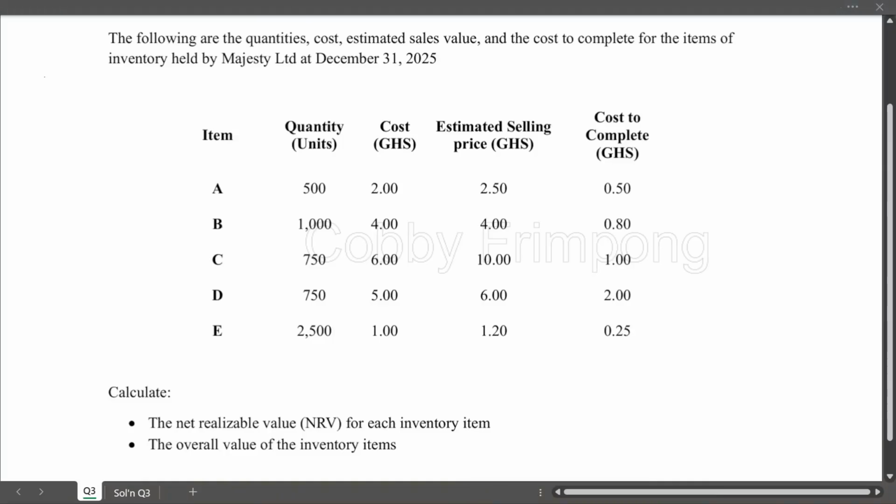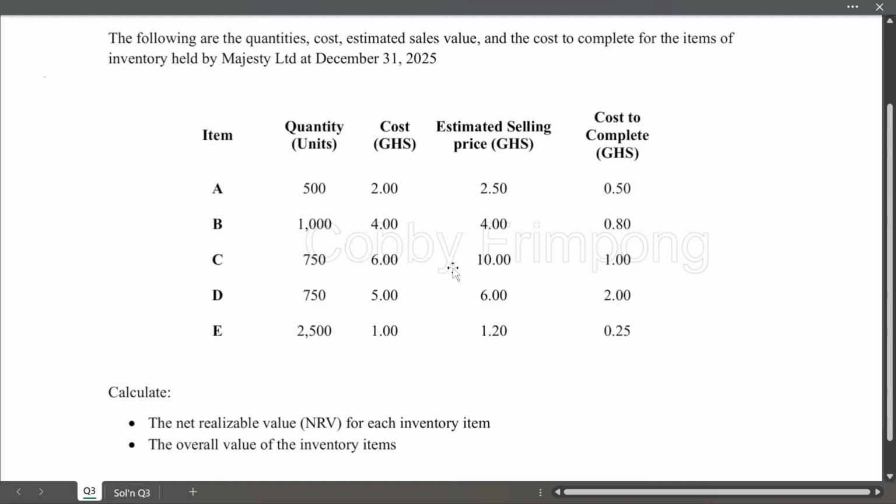The NRV refers to the estimated selling price in the ordinary course of business, less the estimated cost of completion and the estimated costs that are necessary to achieve the sale. With our question, the NRV is calculated by simply taking the estimated selling price for each item and deducting the cost to complete. Let's do that.